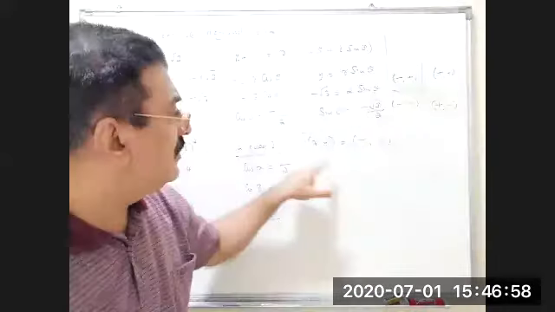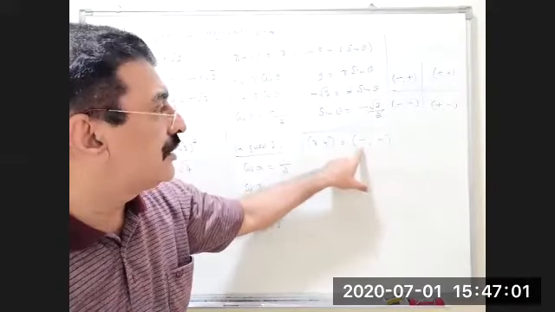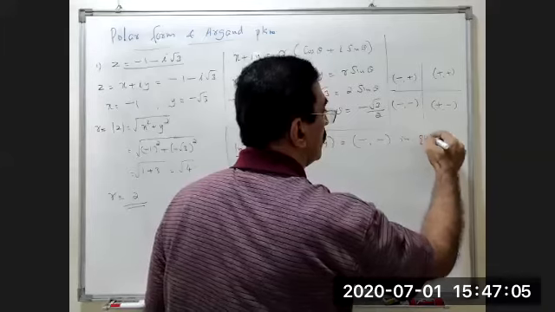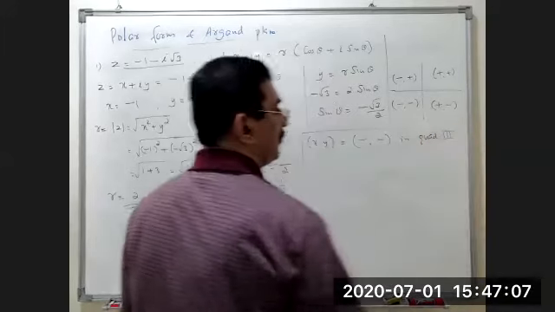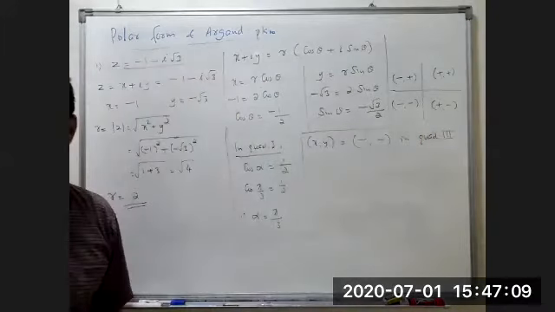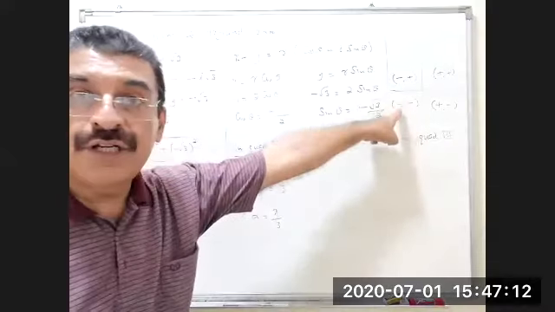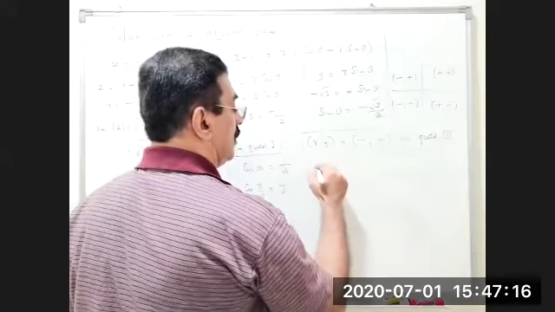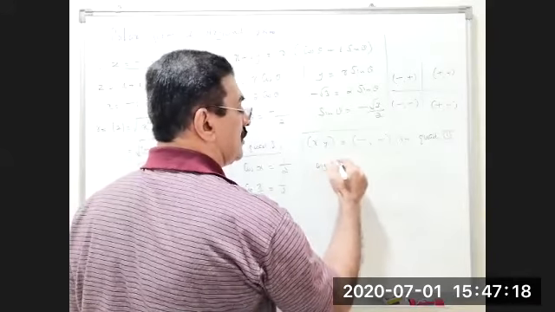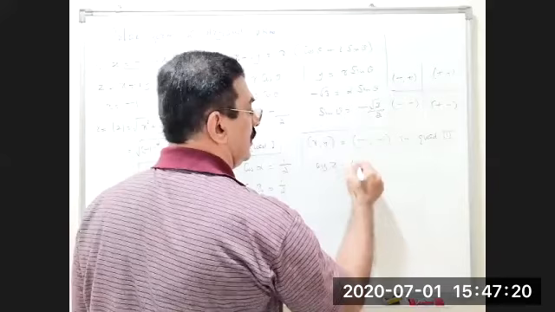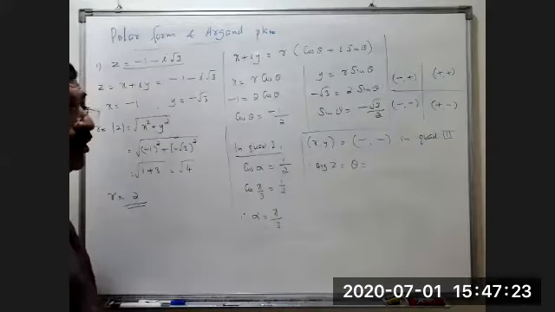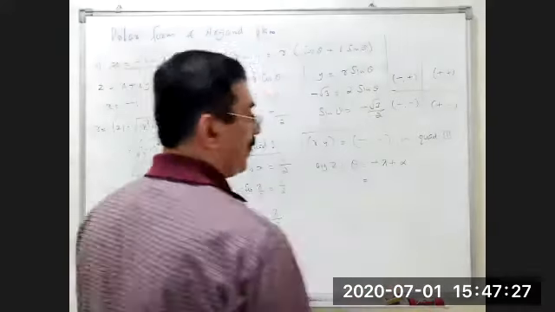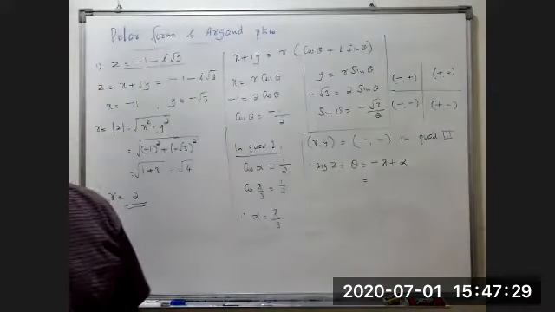So by seeing the sign, x and y are both negative, which means quadrant 3. Therefore, argument z: in quadrant 3, it is minus pi plus alpha.